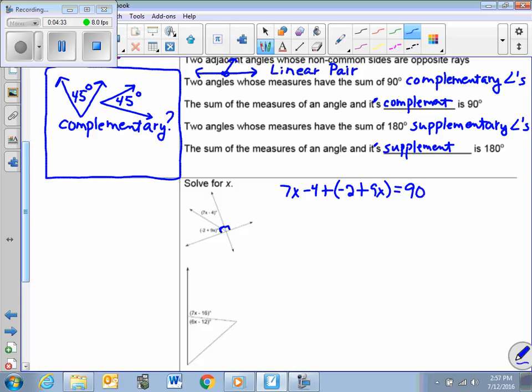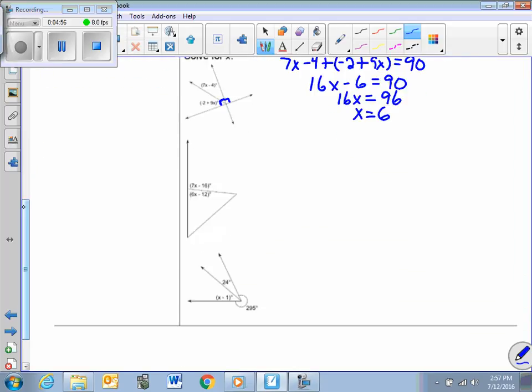Solve for x. 7x plus 9x is 16x minus 6 equals 90. So 16x equals 96. So therefore x is going to be 6, right? And it doesn't tell us to find the measure of the angles, so we got our answer there. x equals 6.